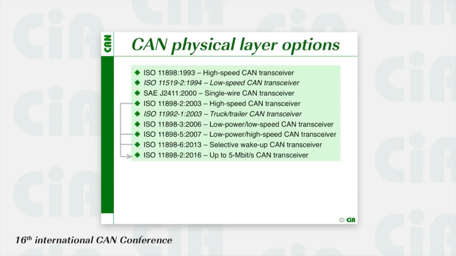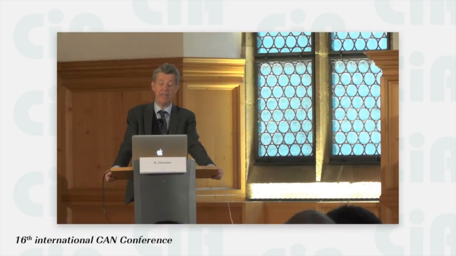Then I remember we had the single-wire CAN, also not a big success story, but still used in some cars. And 10 years after the first standard for the high-speed transceiver, we split the document and used a separate document for specifying the CAN transceiver with high-speed capability up to 1 megabit. One year later, or in the same year, we had another transceiver specifically designed for truck-trailer applications.